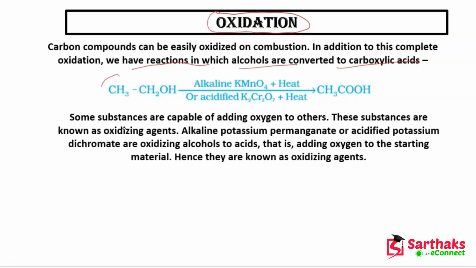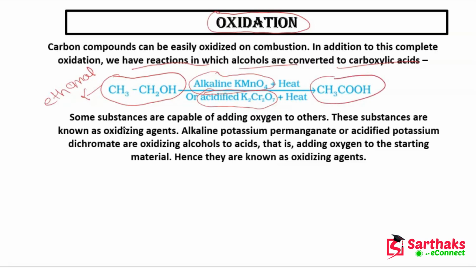Here you can see this is an alcohol. This is ethanol. When this ethanol gets oxidized in the presence of alkaline potassium permanganate or acidified K2Cr2O7, which is potassium dichromate, it will form this carboxylic acid.